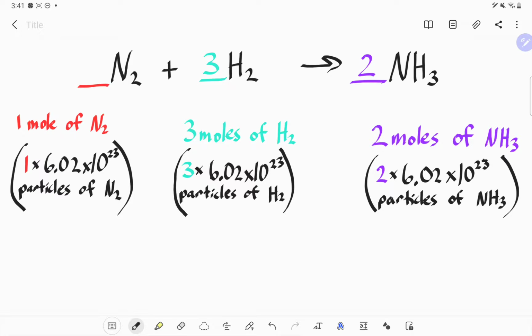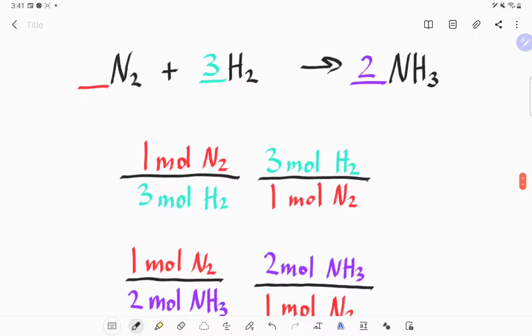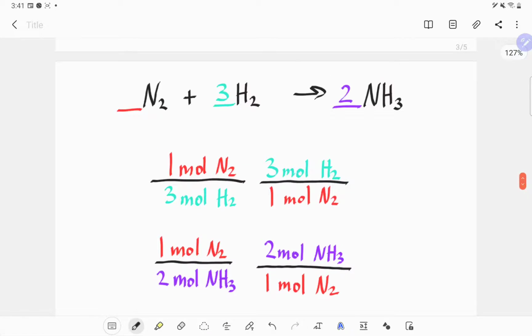But really the most useful way to think about it is to say, hey, it doesn't matter what descriptor we're using for what number of each thing is. What's really most important is the ratios between each thing. So here I have written that there is 1 mole of N2 for every 3 moles of H2.